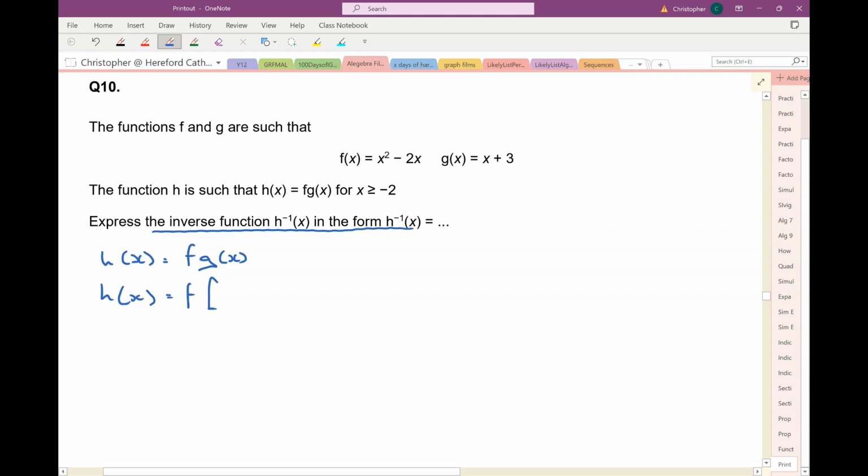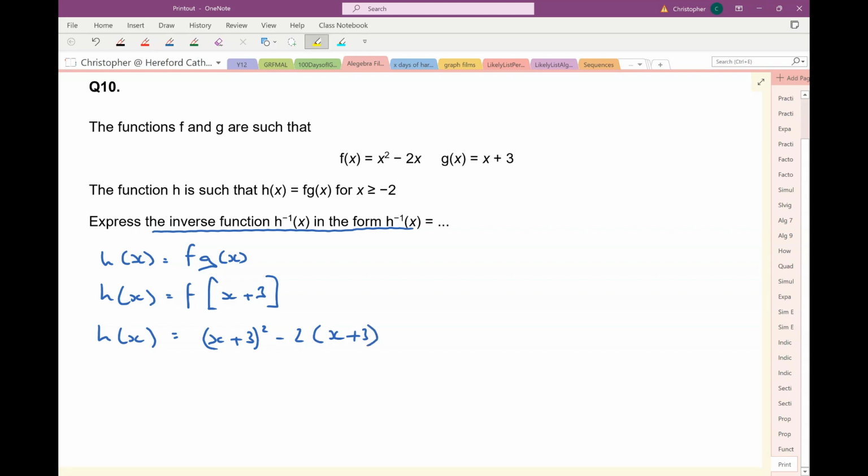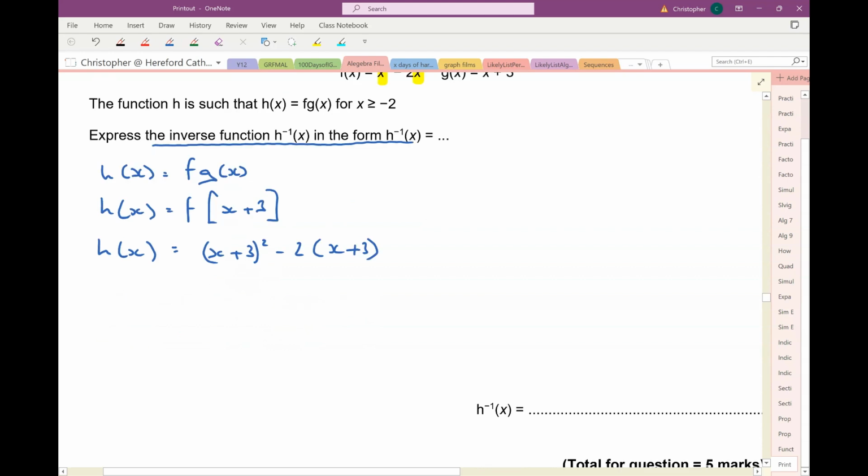Well, I know what g of x is: x plus 3. So actually, all I need to do to find h of x is to f x plus 3. Well, f of x plus 3 is x plus 3 squared minus 2 times x plus 3, just substituting x plus 3 into there. Let's simplify that.